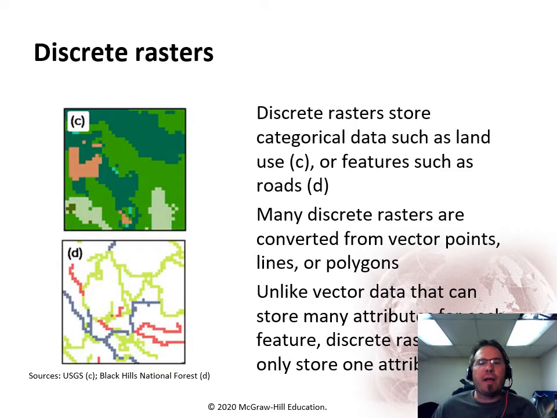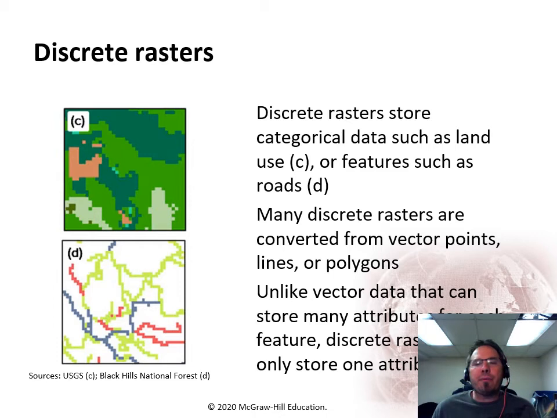The other type of raster that we will see once in a while is what's called a discrete raster. It's a little bit different than continuous rasters in that you can have lots of area of the same value. So things like land use, where you have large chunks that might be considered urban or large chunks that might be considered agricultural.